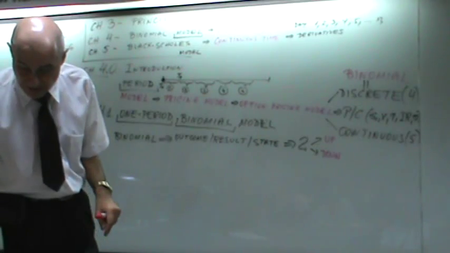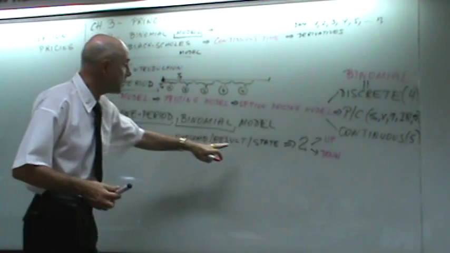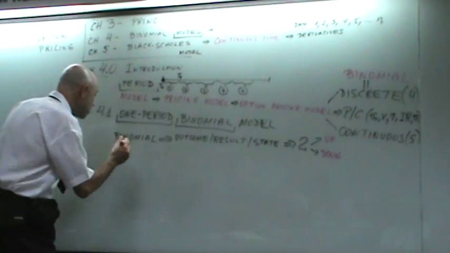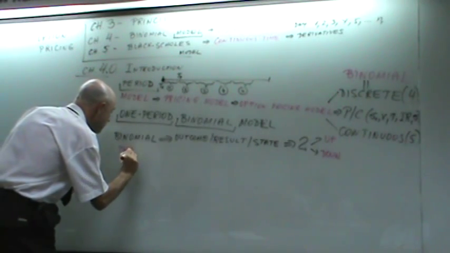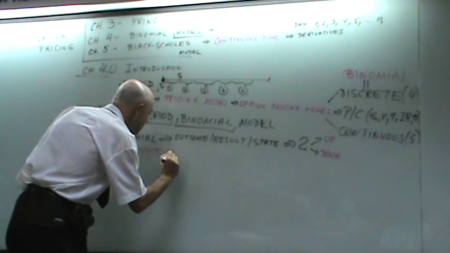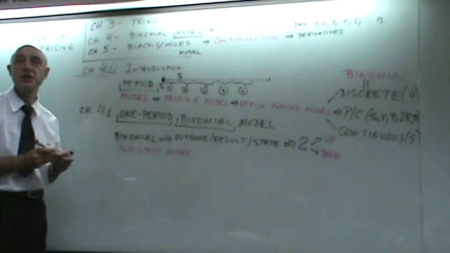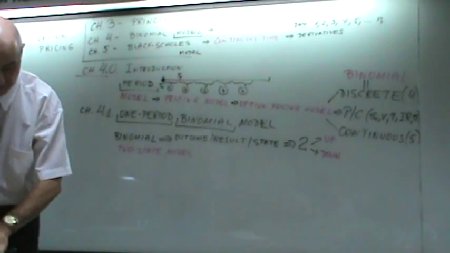Okay, binomial. So this binomial model, because of the states, is known as a two-state model, without a dash over here. So it's a two-state model.